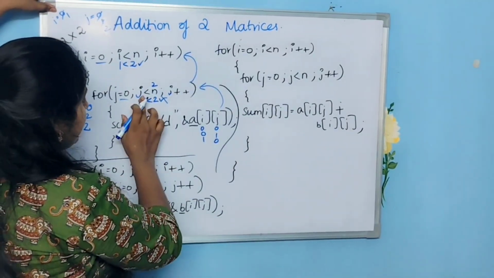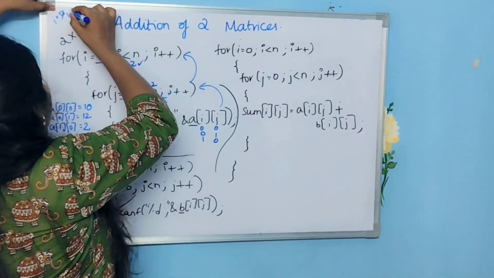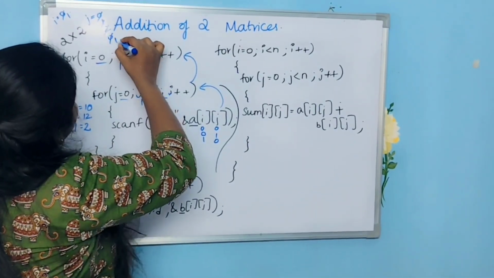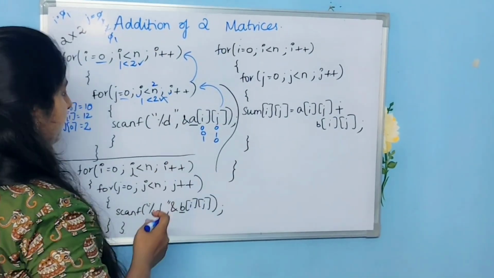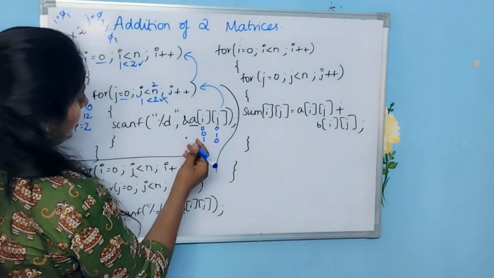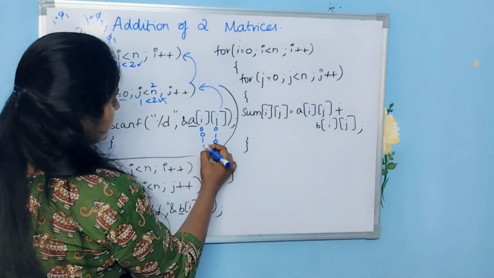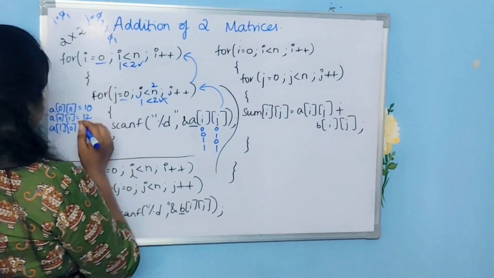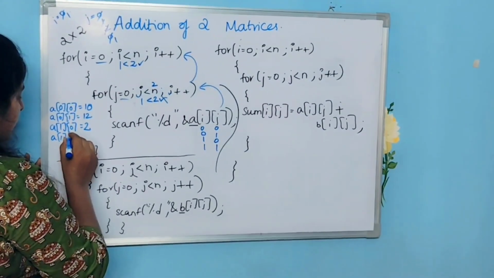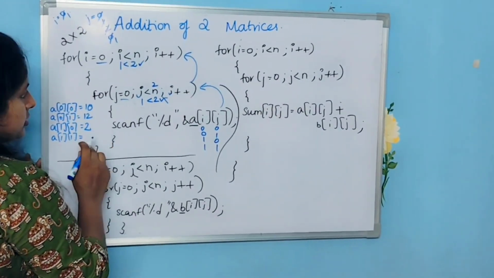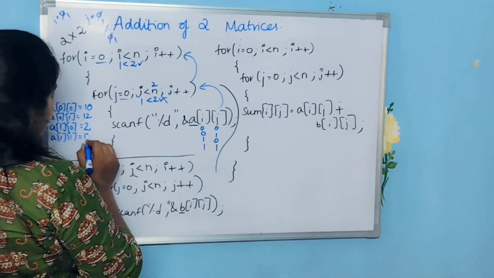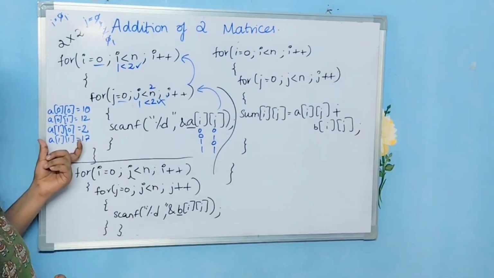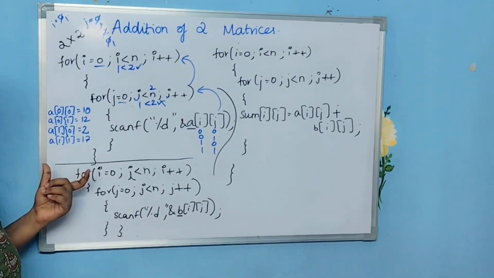Again, the j value is incremented. j is 1. So 1, 1. i equals 1 and j equals 1. So a of 1, 1 equals, what is 1, 1? For example, it's again 17. These are the elements of my first matrix.